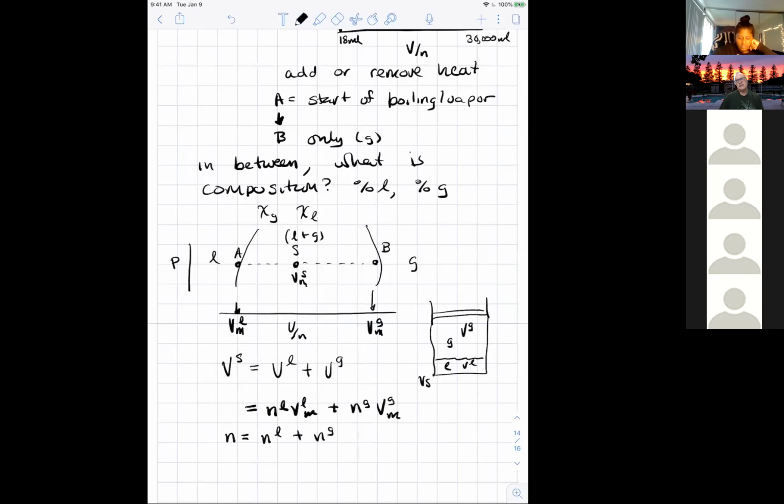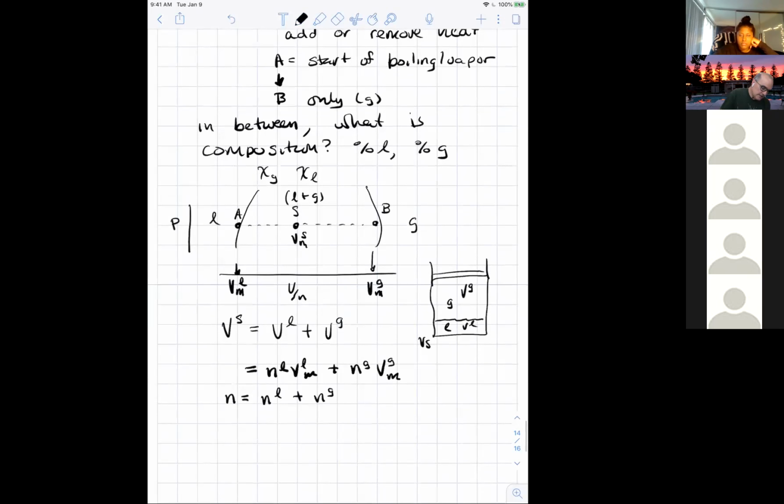So this is something as in physical chemistry, we try to get really adept at, right? We're going to have equations that describe our system, and we're going to have a bunch of variables, and we need to think of clever ways to eliminate variables, right? So we need as many equations as we have unknowns.